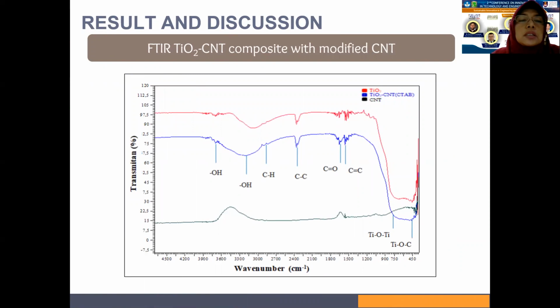This is the FTIR characteristic of the TiO2 CNT composite with modified CNT. The peak of the TiO2 and the peak of the CNT. The TiO2 CNT CTAB composite has peaks that indicate a functional group.